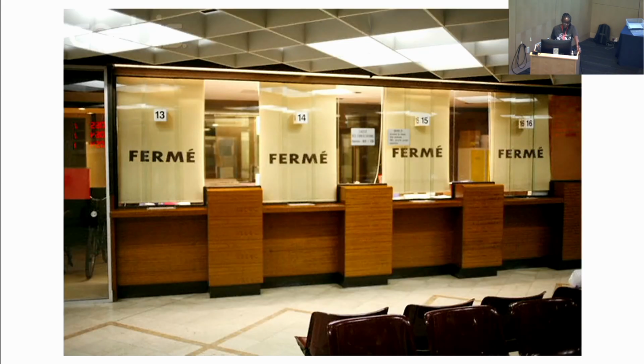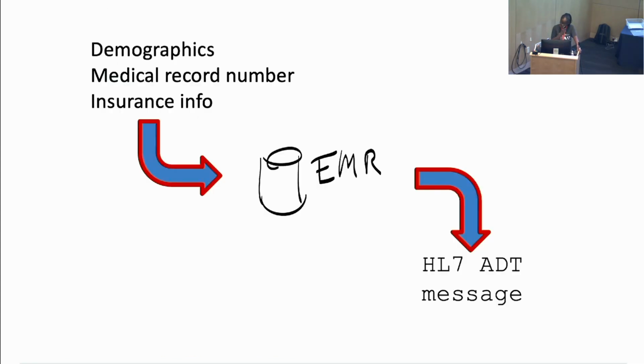So Rex has right upper quadrant pain. He comes into the radiology department, and the first place he goes is registration. In registration, this is done in the electronic medical record system, where for elephant Rex we collect the demographics, we have a medical record number or generate one, and we also collect insurance information.